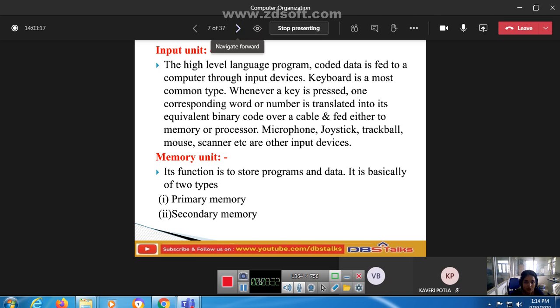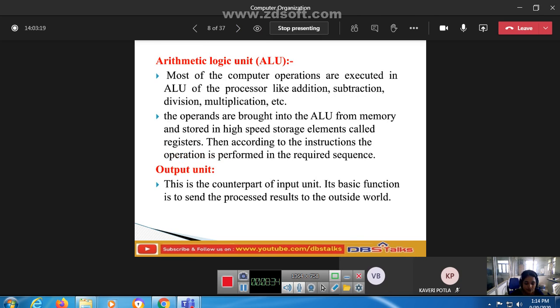Next, coming to the arithmetic logic unit. What is the use of the arithmetic logic unit? Computer operations are executed in the ALU of the processor, like addition, subtraction, division, multiplication, etc. The operands are brought into the ALU from memory and stored in high-speed storage elements called registers.